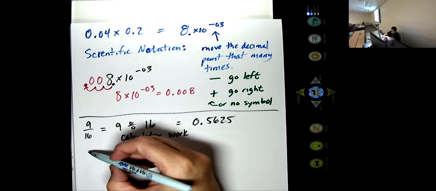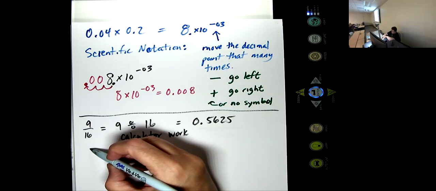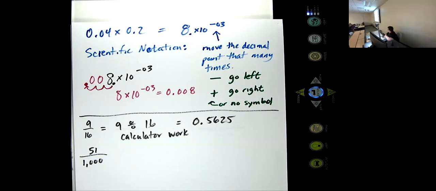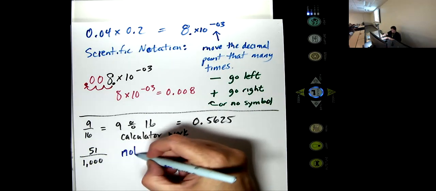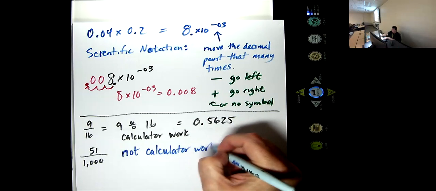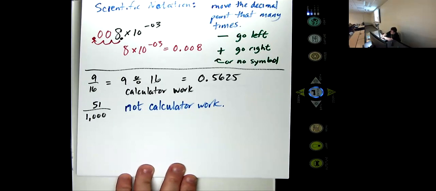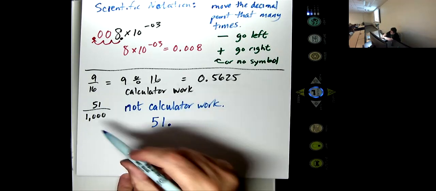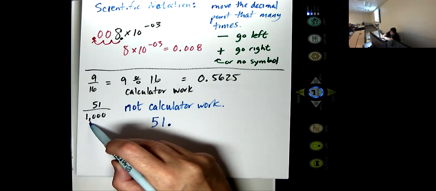However, if I had something like 51/1000, I would not use a calculator. The reason why is it's so easy to do this. This is not calculator work. It will slow you down to get the calculator out. You take the 51, put the point at the end of it, and then count the number of zeros.